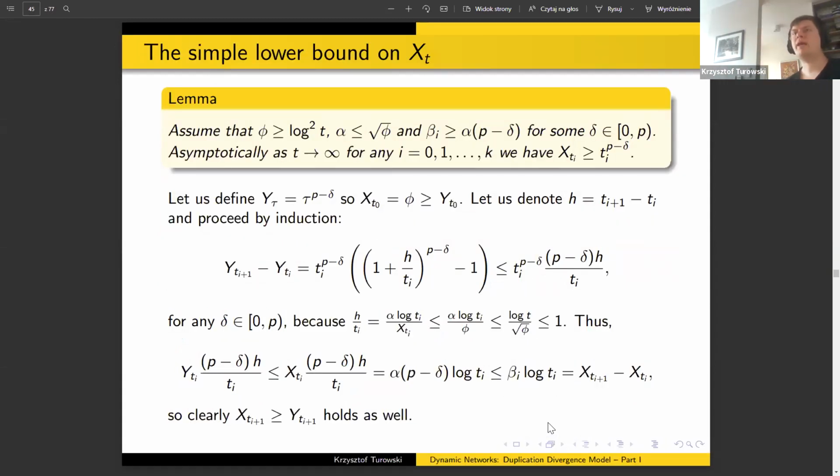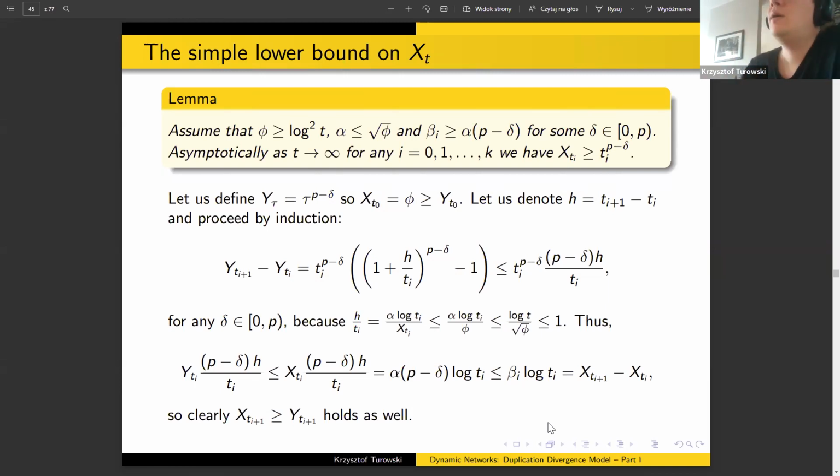Okay, so whenever we have phi that is slowly growing, at least logarithm squared, but we suppose not too fast, and we have certain assumptions on alpha and beta, then we can prove that x_t grows at least as fast as t to the p minus delta. And the proof goes by using simple approximations.